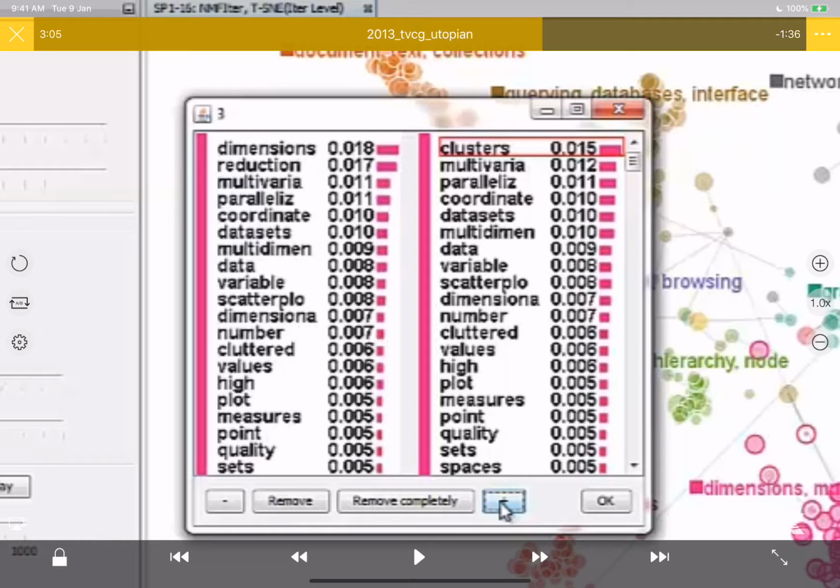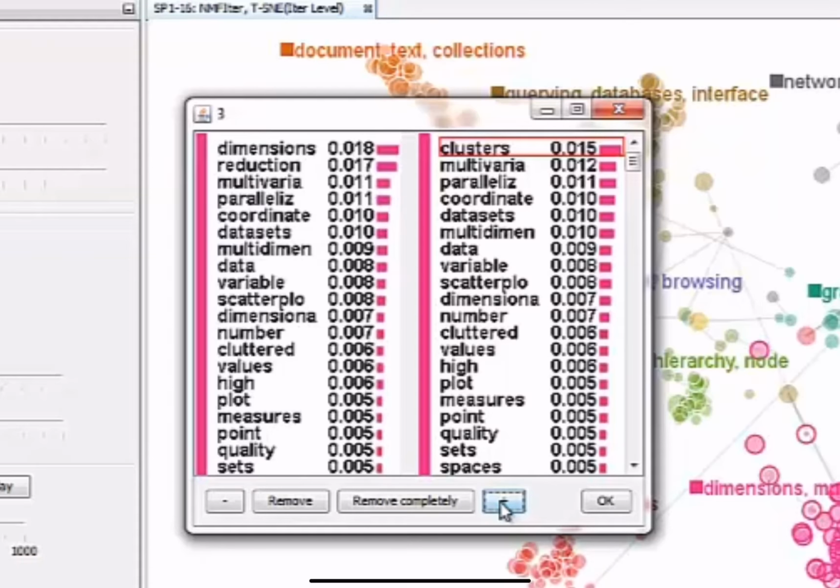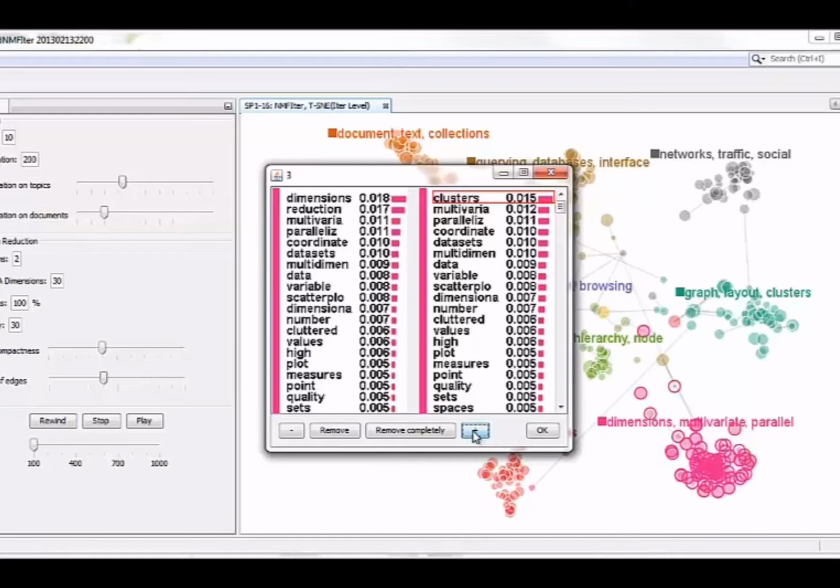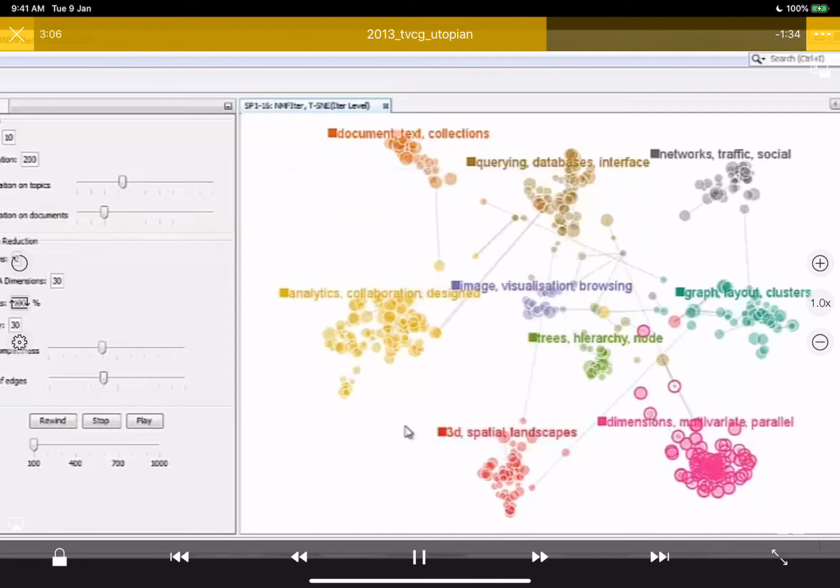So I manipulated this cluster splitting in a way that the first split cluster corresponds to dimension reduction, as a specific subtopic of dimension and multivariate and parallel and so on, and the second topic is mainly related to the clusters.